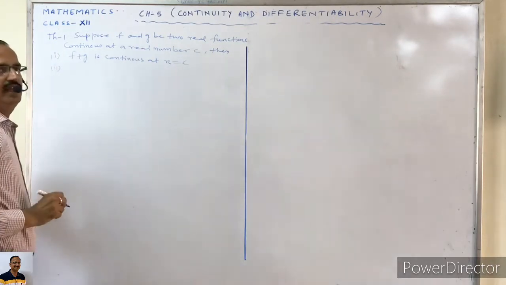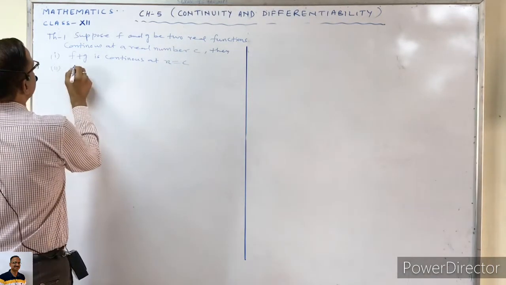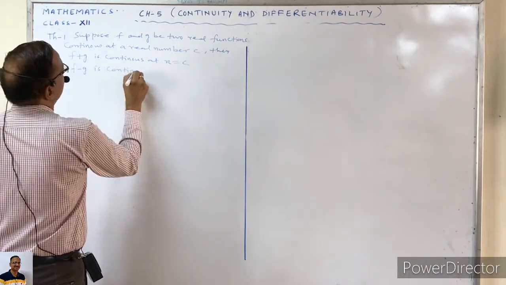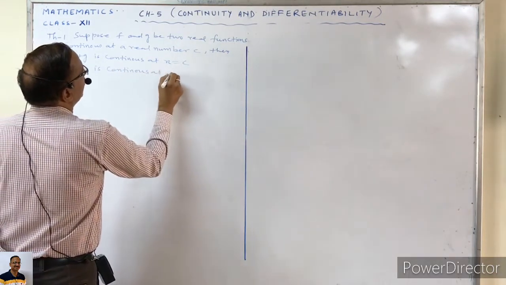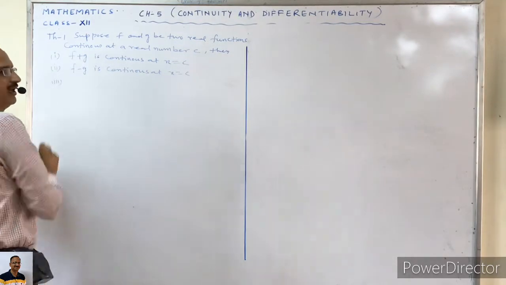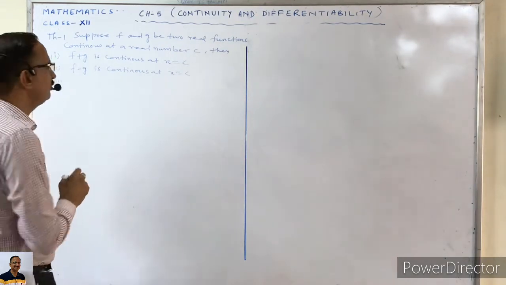Second, their difference is continuous at x equals c. It means f minus g is continuous at x equals c. Third part, their product is continuous at x equals c.